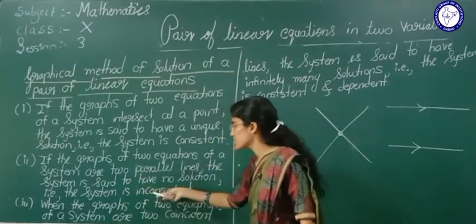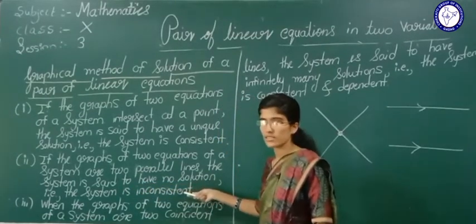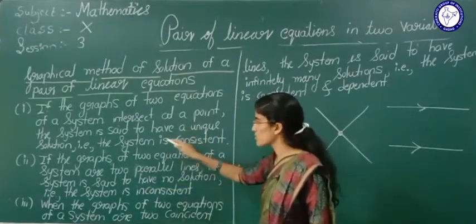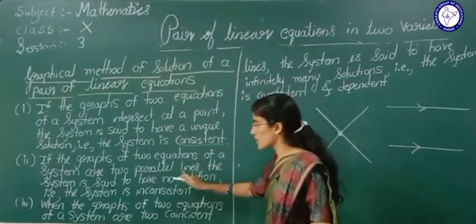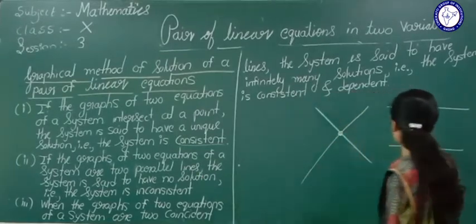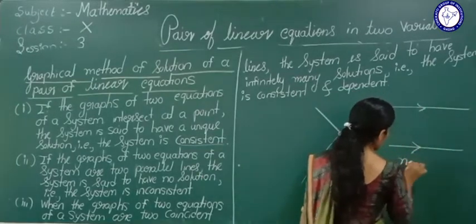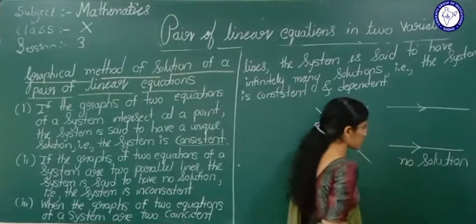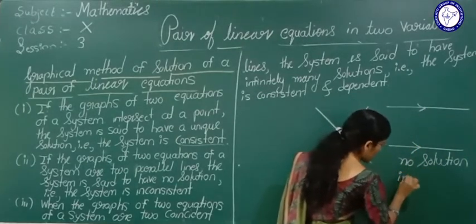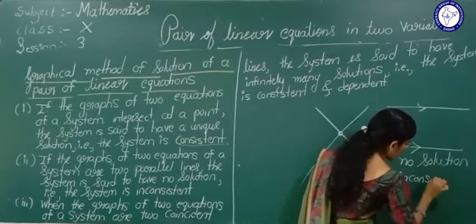That system is inconsistent. If we get a unique solution, that system is called consistent. If two lines are parallel, the system has no solution. For that system we say inconsistent.